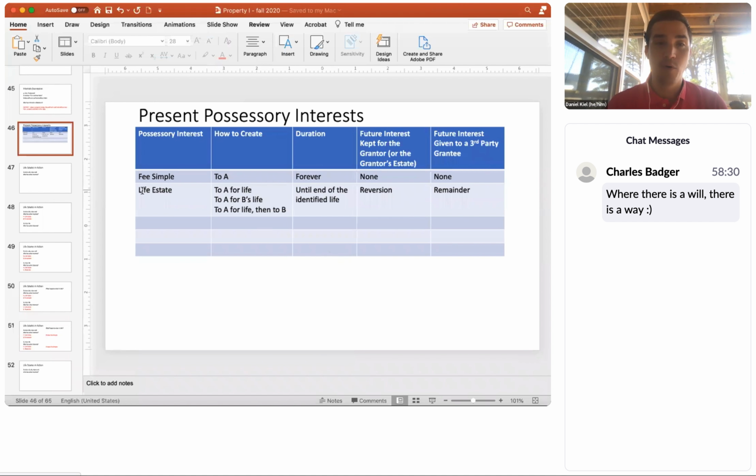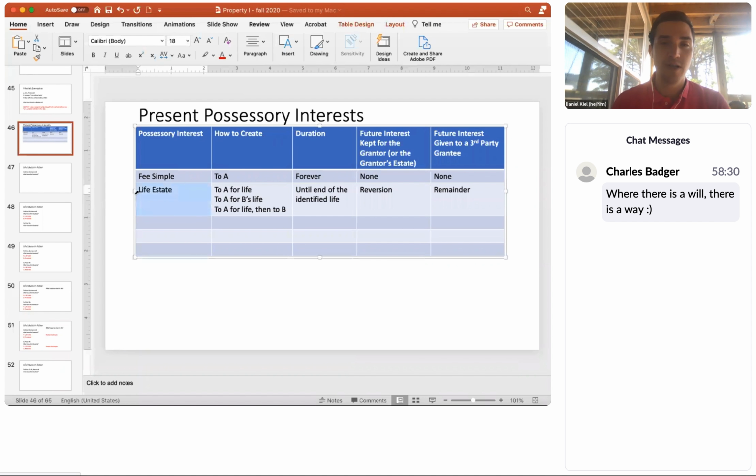But for example, if you ever run yourself into a life estate and you end up in this box on the chart, so you see a 2A for life. Well, when I'm asking the question, which I will ask, what interests are there existing as to this property? And you see there's a 2A for life, so you know there's a life estate.